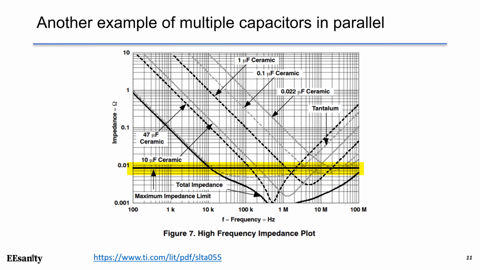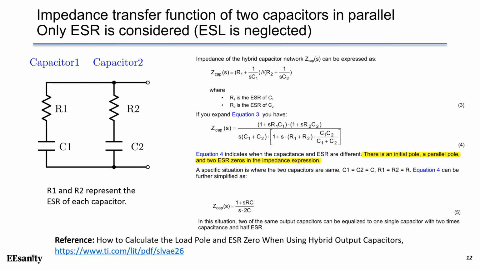We have to guarantee that the overall impedance at the output is below this line. To achieve that, we need to put multiple capacitors in parallel to have a wider range of frequency response to lower the impedance.